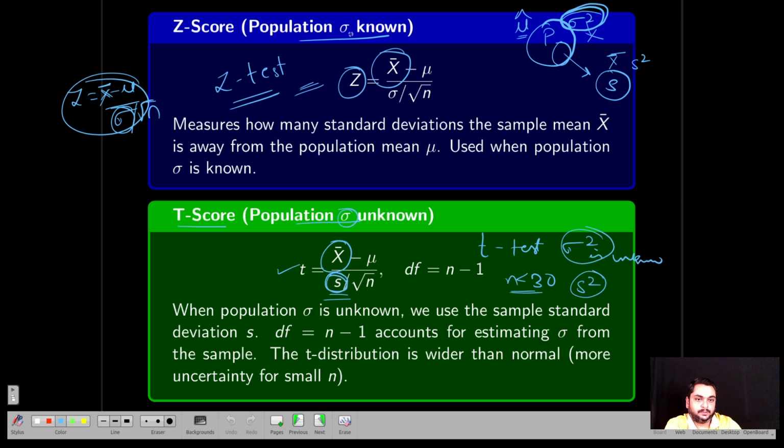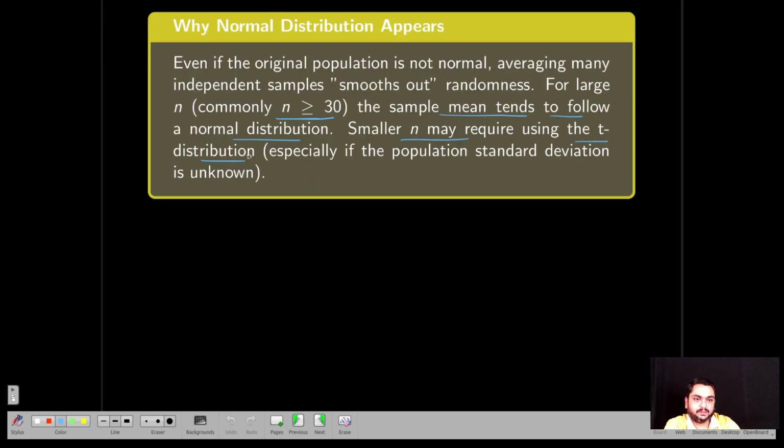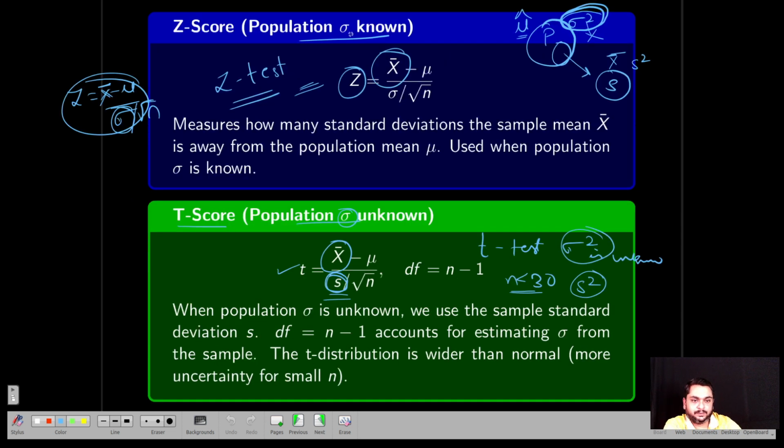One more thing: why is this square root of n? The reason here is, when n tends to infinity, the CLT says that any distribution approaches the normal distribution as you increase the sample size.